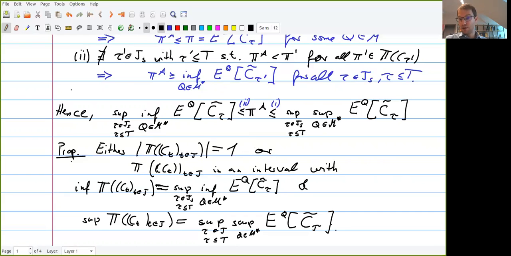And this is, if you recall, exactly the case for the European option. Either the option is replicable, and this is if and only if the price is given by a single element, or it's non-replicable, then it's a proper interval spanned by the supremum and the infimum over all martingale measures.